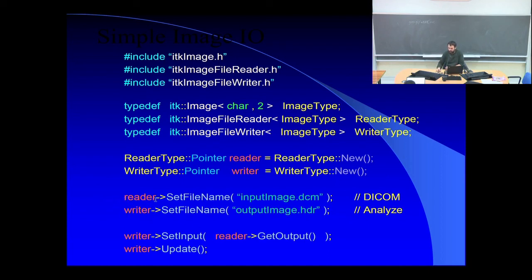Because it's a pointer, you know that you can set it like this in C++, reader pointing to a method of this reader. You know that? So reader set file name, the name of the file you want to read. Just imagine that we have an input image called like this, input image.dcm. Okay? And then the writer will be the name of the file we want to write. It will be output image. It's another file.